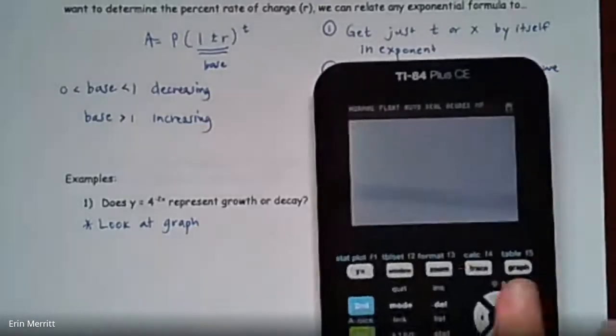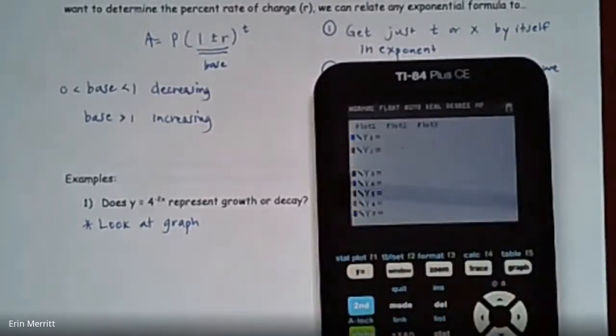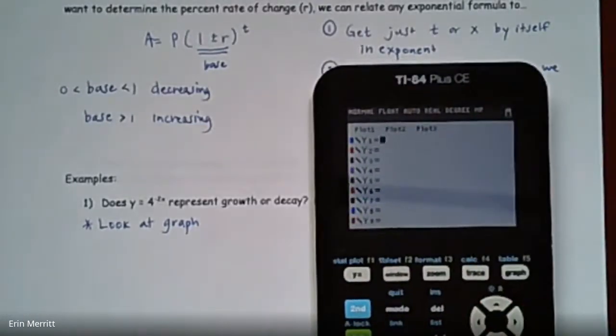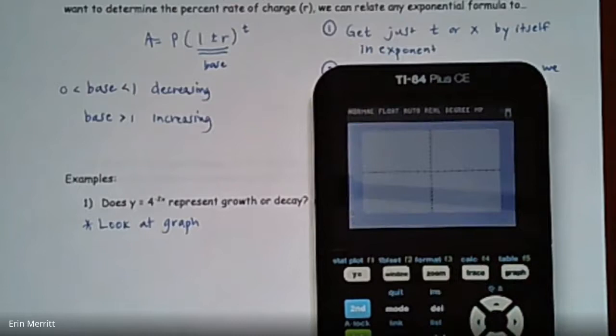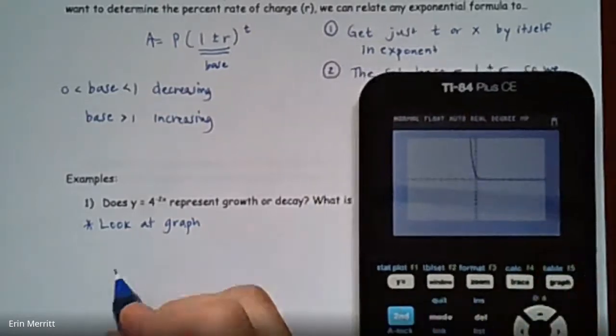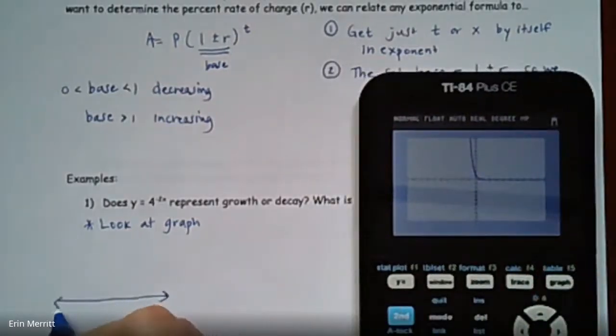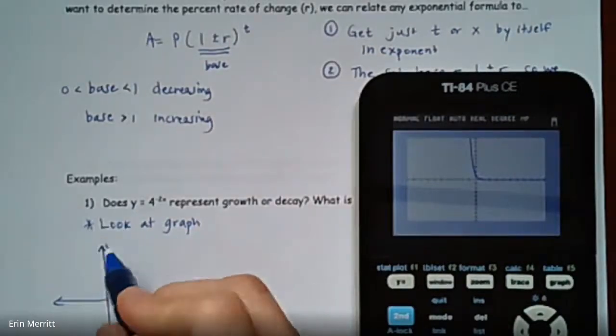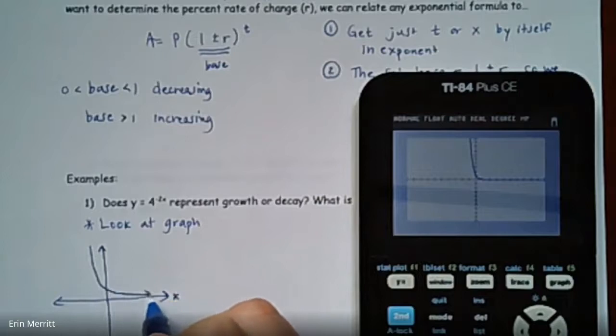Into my y equals, let's type in 4 raised to the negative 2x power. I'm going to zoom 6 just to reset my window. And there we go. Reading the graph from left to right, I can see this is a decreasing function.